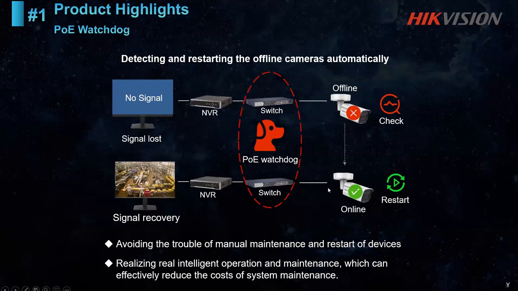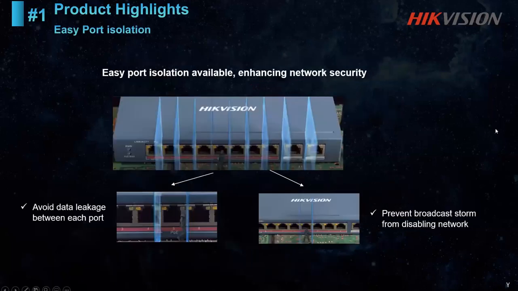So going forward, we also have port isolation, which is a critical thing when it comes to security. As you may know, especially in switches, there can be some kind of leakage between ports where the data can be sniffed.